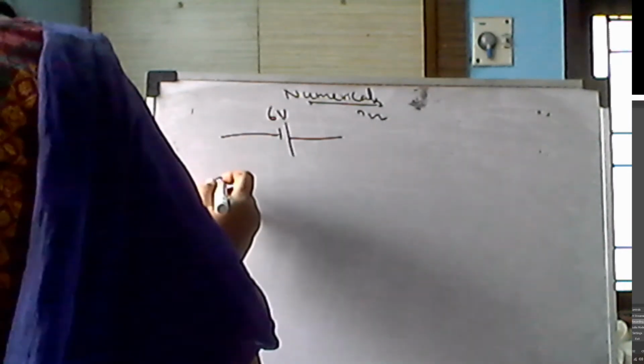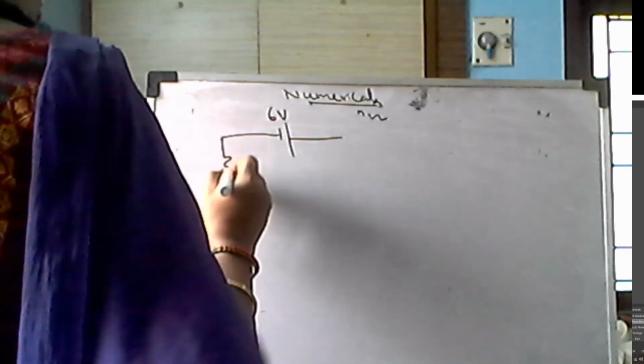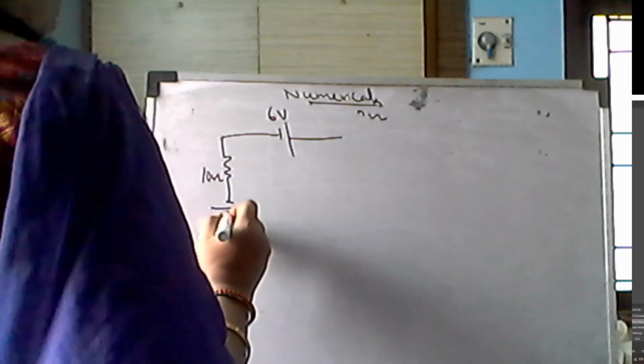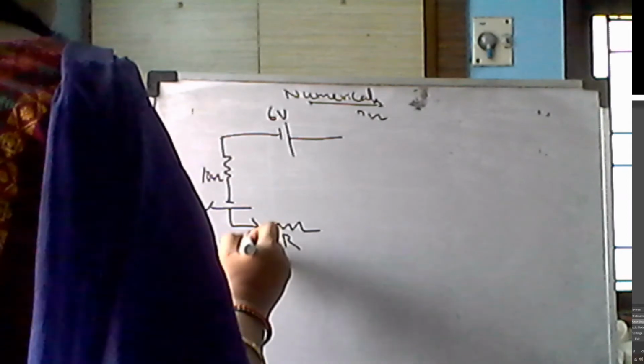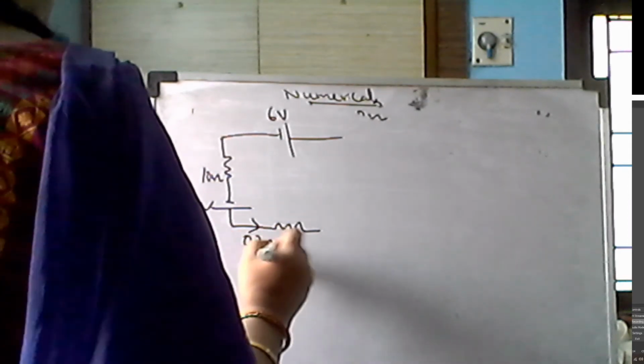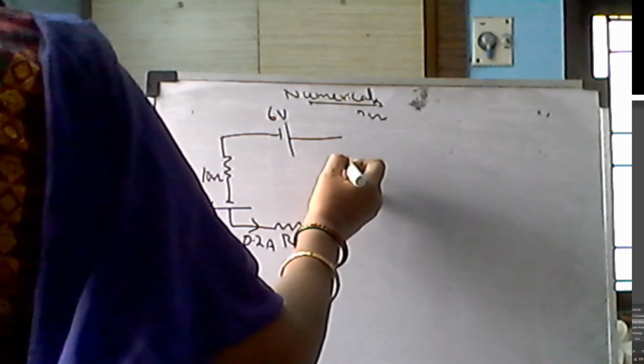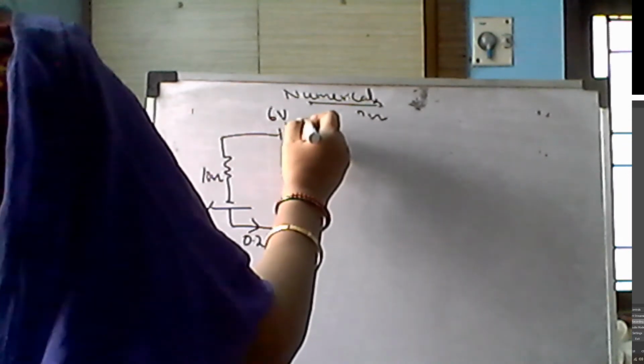This is given as 6 volt, and here 10 ohm resistance is given, and here 2 volt. Then here again is the unknown resistance R. Here one current is given as 0.2 ampere, and here also it is given as 0.2 ampere.